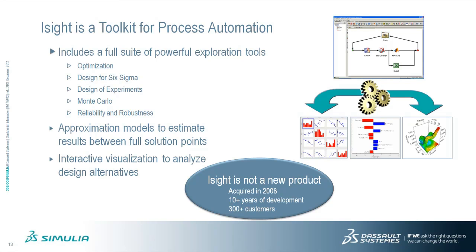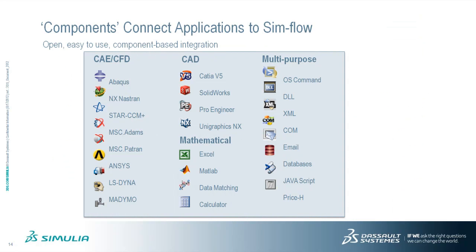So I mentioned that iSight is this toolkit for process automation where you can link different codes together. What we call connectors, or component connectors, allow those applications to be included in a SimFlow. So these are all of our components that are available with iSight. That includes CAE and CFD codes in that process.